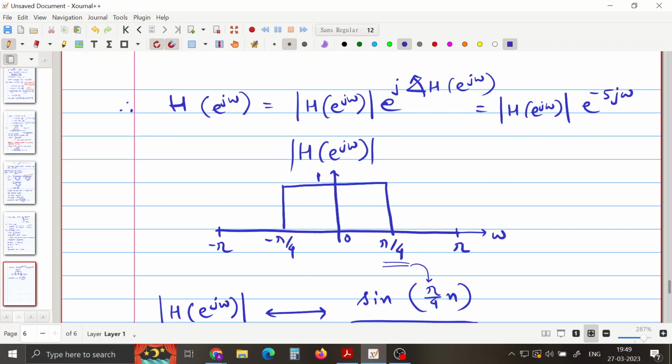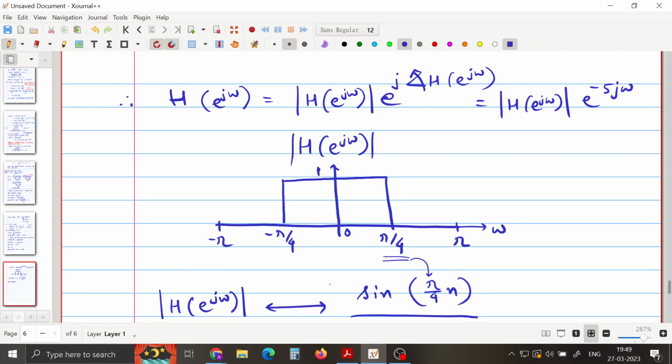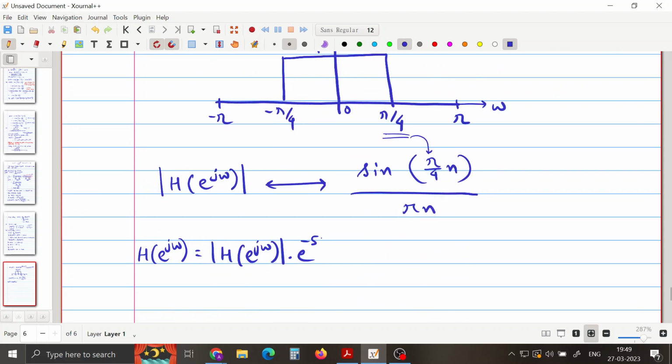So this is fine, but in our frequency response we have this magnitude times e power minus 5j omega. So what we actually need is sine pi by 4 (n minus 5) by pi (n minus 5).